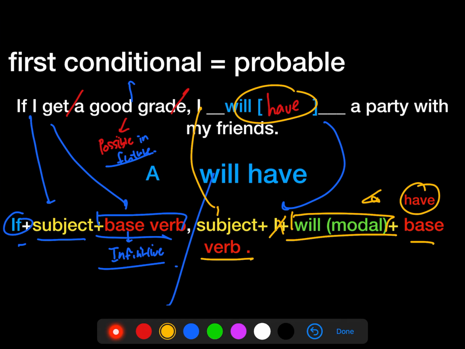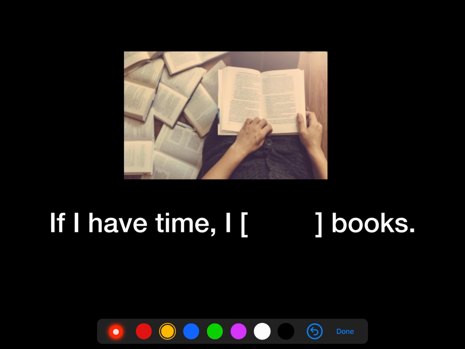This is the basic form of the first conditional. Don't forget we can change the order, like I will have a party with my friends if I get a good grade, without a comma. Okay, very good. Let's now move on to the next one.